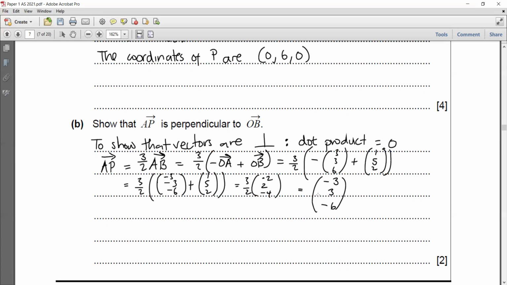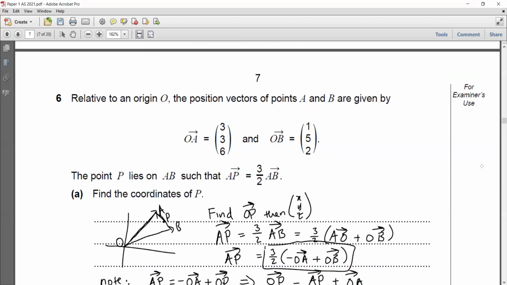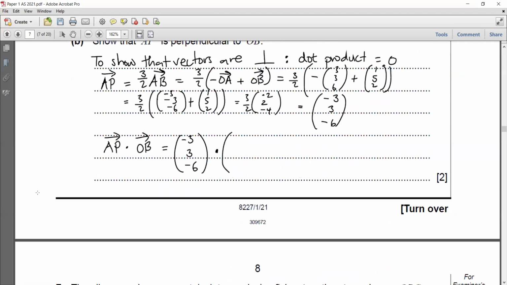All right, so now that I have AP, I'm going to work out the dot product of AP and OB. So this is -3, 3, -6, dot, and then OB. What is my OB? This is 1, 5, 2. Now the way the dot product works is you just multiply the corresponding elements.